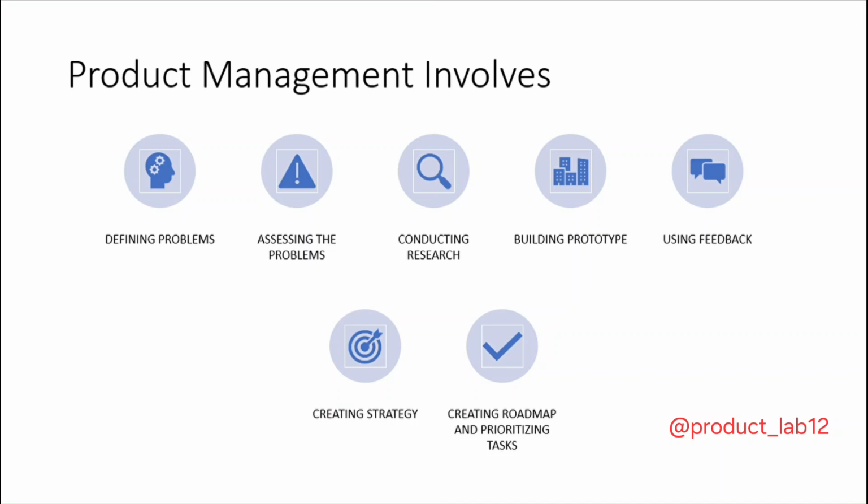Then build a prototype of the product to be field tested by real users, and use the feedback from the users to improve the product. Then create the strategy for the product's launch in the market, and once that is done, create the product roadmap and prioritize tasks for successful execution. That is also very important. This is what product management involves.